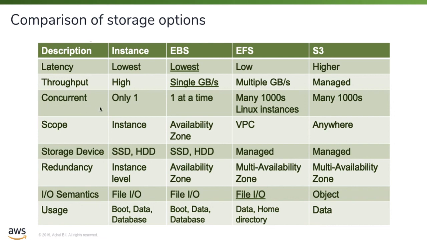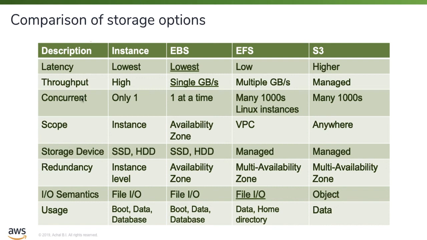When it comes to concurrent usage, only one instance can access the instance store, and EBS can be accessed one at a time. But the same EFS volume can be attached to multiple Linux instances.